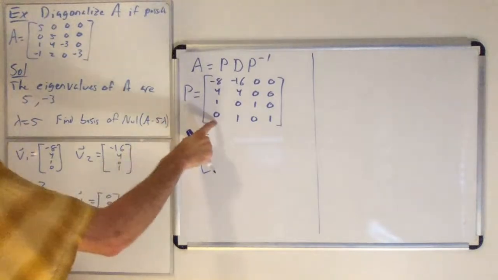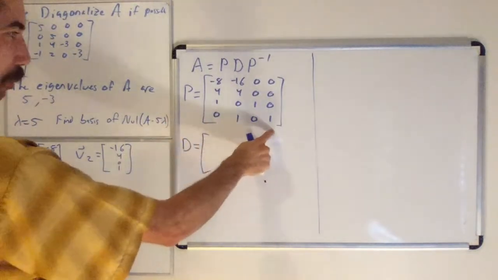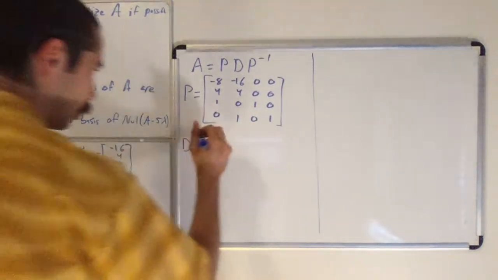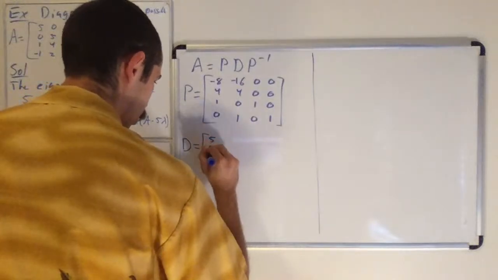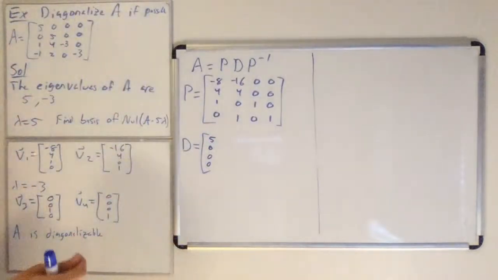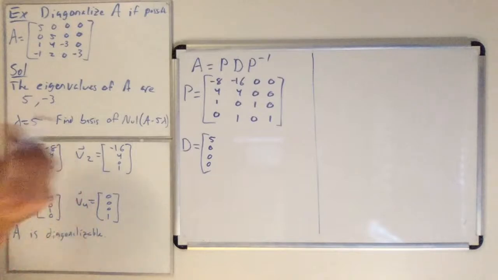So the first two would correspond to lambda equals 5. The next ones would be lambda equals -3. So if you have any questions, type them in now, because there's a little bit of a delay.